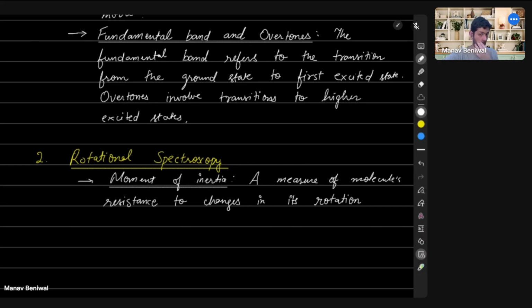This is generally denoted by I, and it is related to our rotational constant B, which is a property of the molecule.